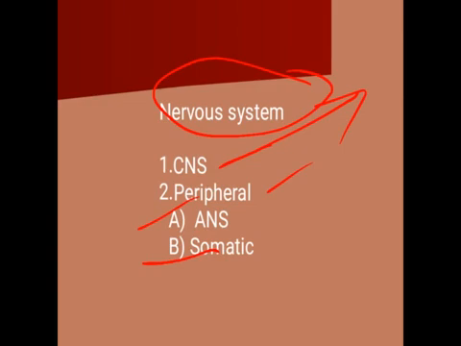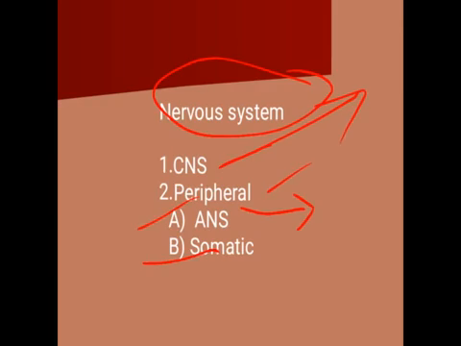Okay, so again, the peripheral nervous system is classified into ANS, that is the autonomous nervous system, and second one, somatic nervous system. The name autonomous or autonomic indicates the involuntary nervous system.